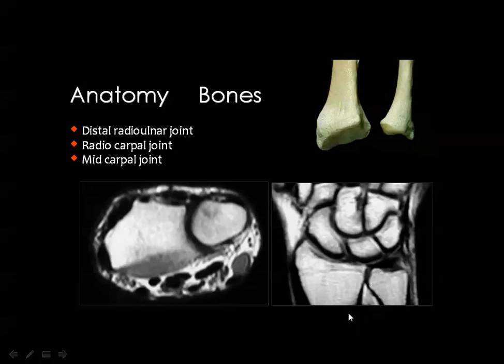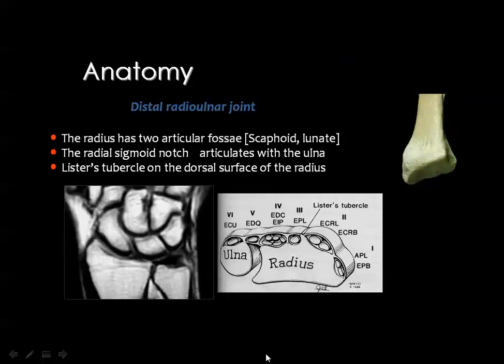Then you have the radiocarpal joints between the radius and the carpal bones, and the mid-carpal joint between the carpal bones themselves. The distal radioulnar joint is the articulation between the radius and ulna through the sigmoid notch.